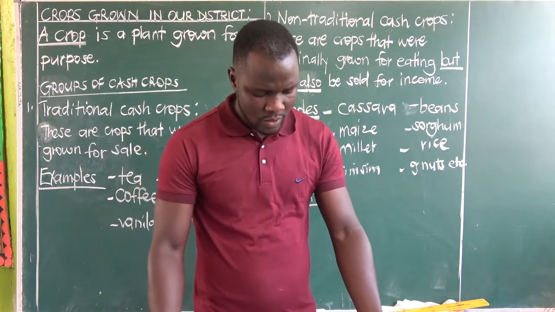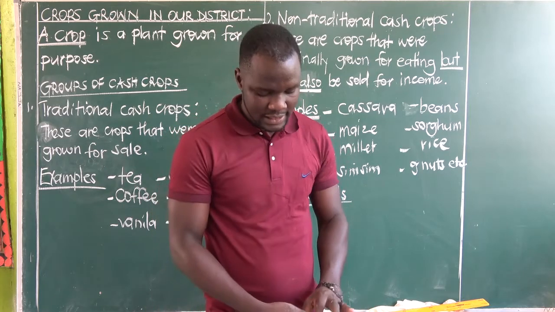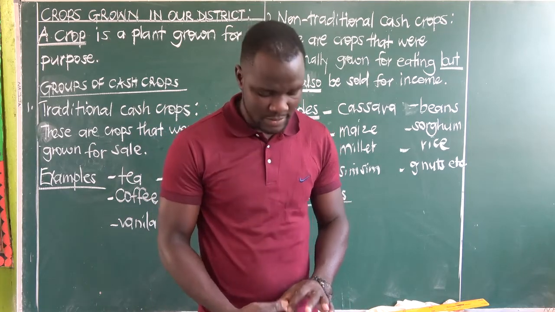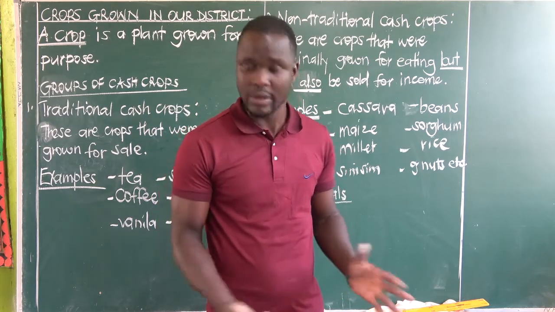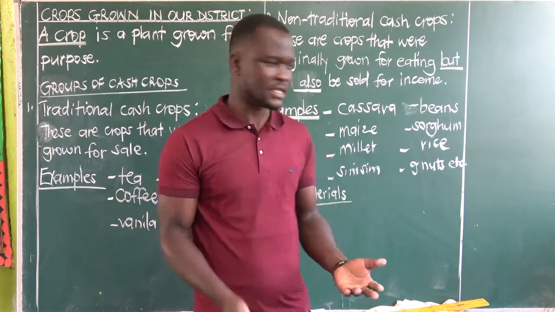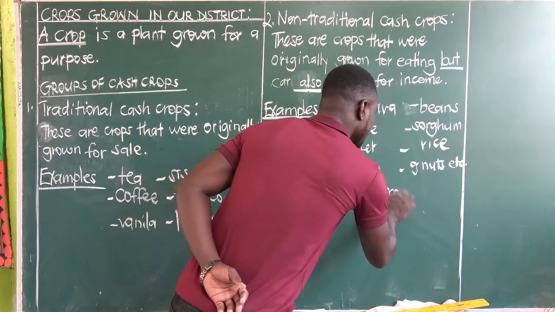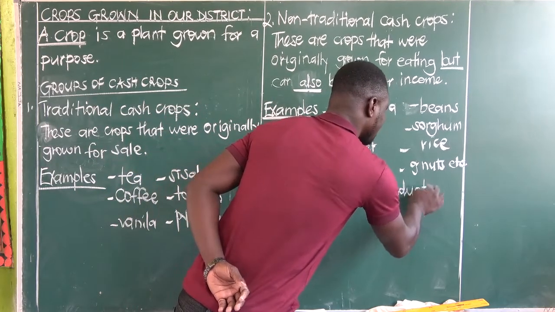For example, we have coffee in our first list, and we are saying this can be used for making coffee powder. And then we have tea, which can be used for making tea leaves. So we have the raw material, and then we have the product.